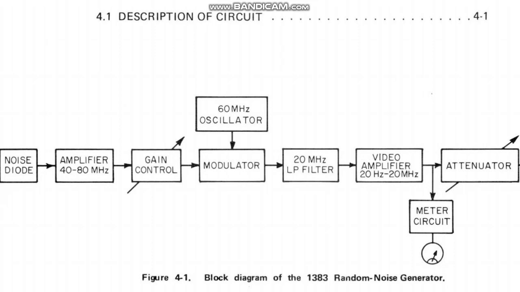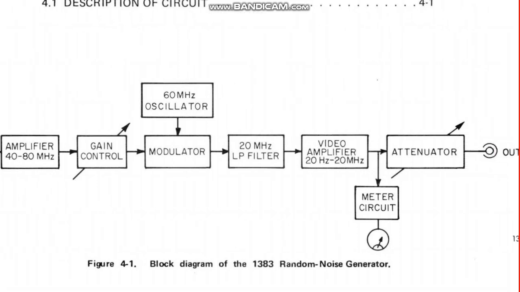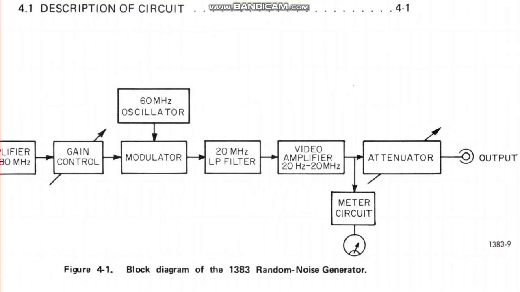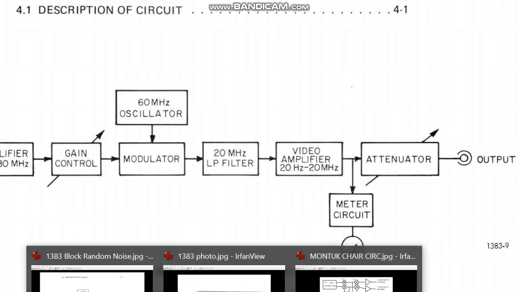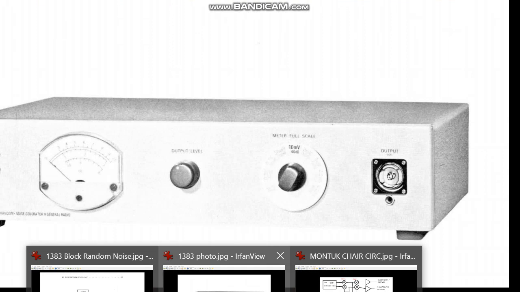Then you've got your meter circuit to your meter, and then you've got your attenuator, and then you've got your output. So the famous white noise generator, or as it's called here, random noise generator, used in the Montauk Chair circuit.